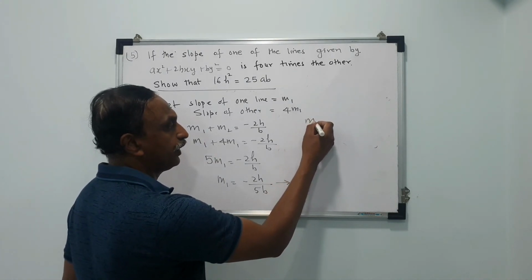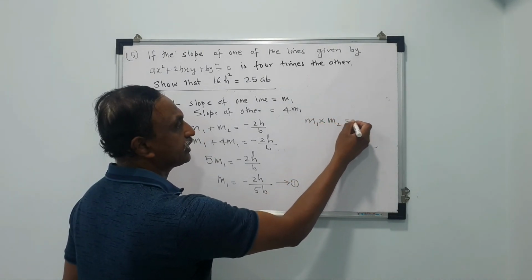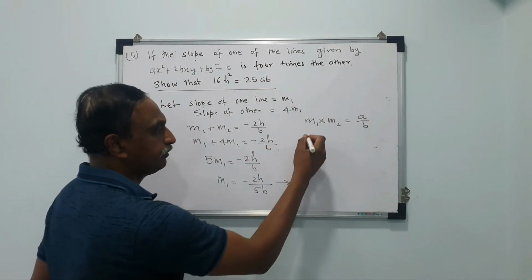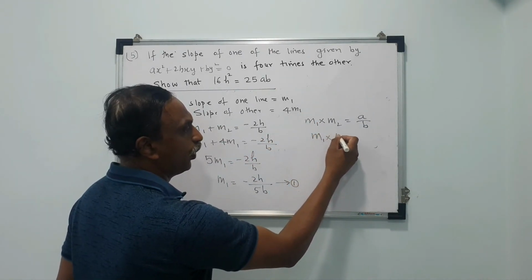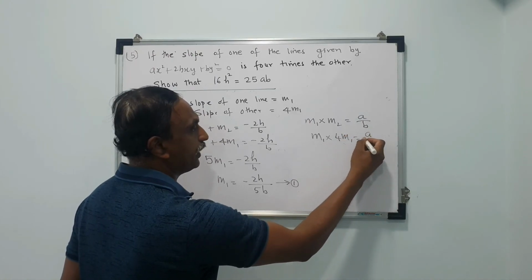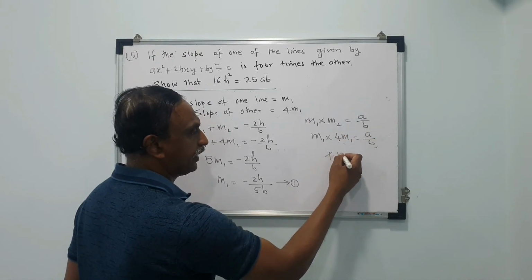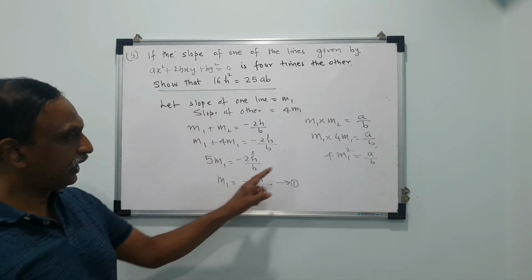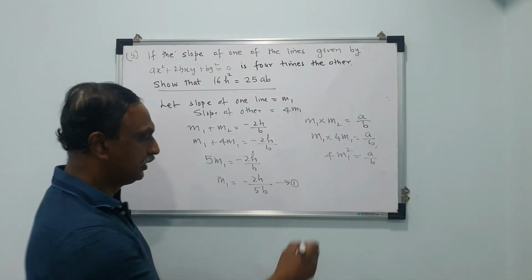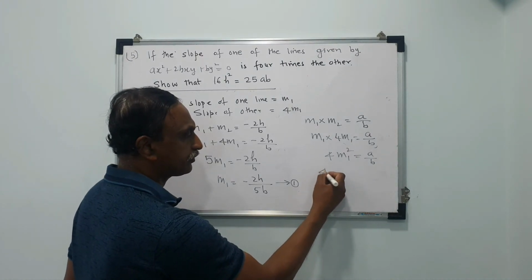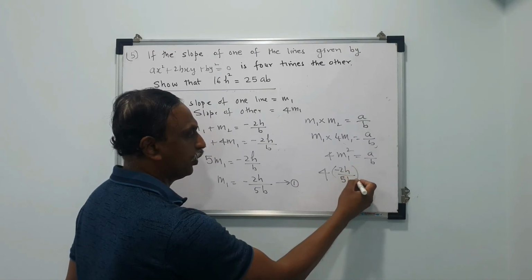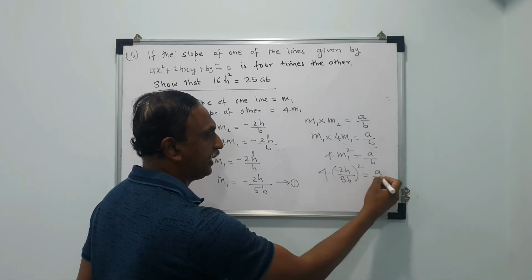Now m1 into m2 is a by b, and m2 is nothing but 4m1. So m1 into 4m1 is a by b. So 4m1 square is a by b. Now instead of m1 we'll substitute over here. So 4 into minus 2h upon 5b the whole square should be a by b.